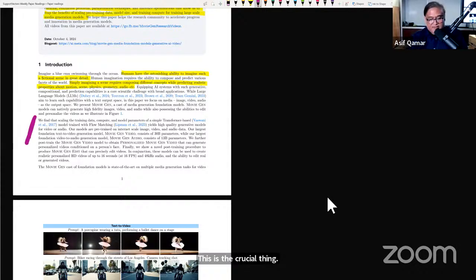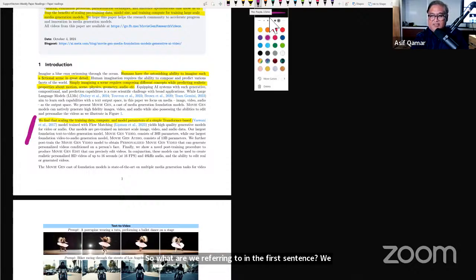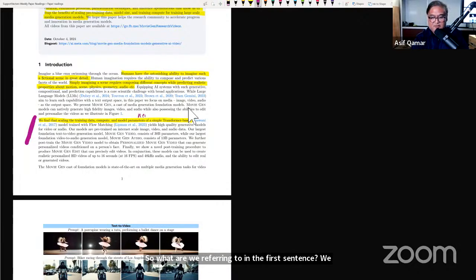We find that scaling the training data, compute and model parameters of a simple transformer-based model. So what are we referring to in the first sentence? We are just referring to the standard neural scaling laws, isn't it? The neural scaling laws.